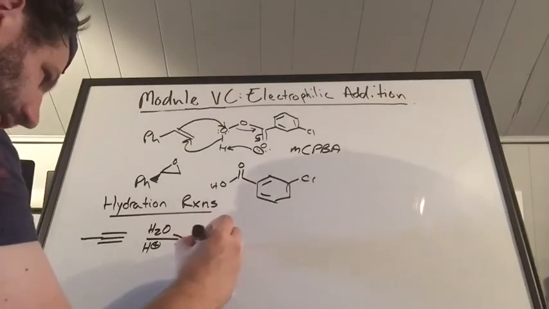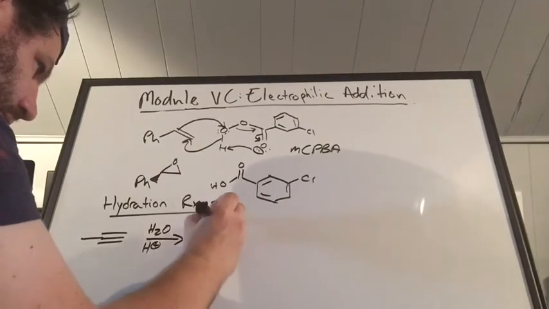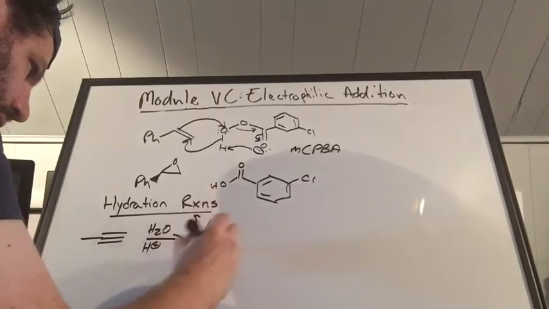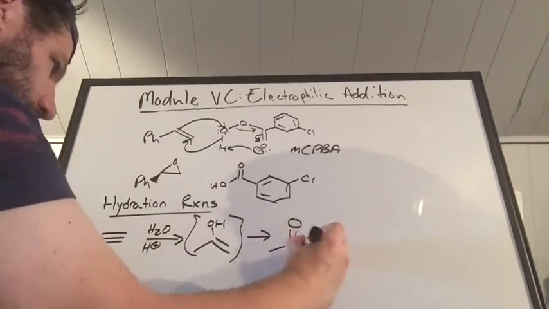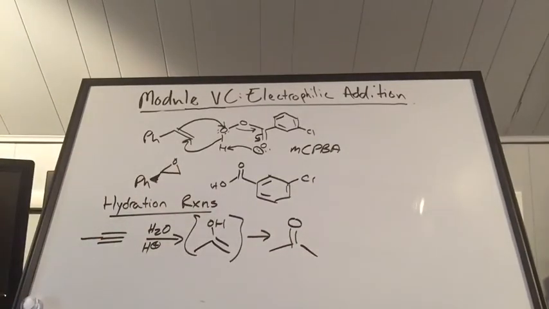Remember, you're going to have that enol intermediate, and that's going to revert to the ketone product, which is just going to be acetone. Okay.